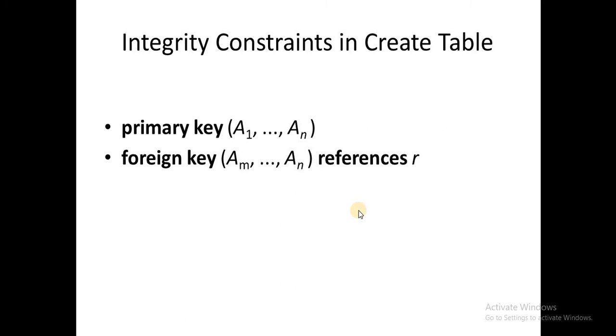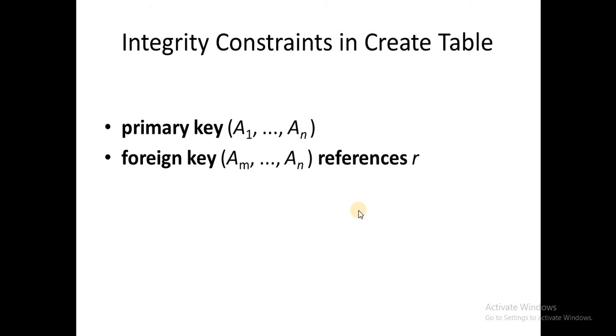Foreign key is also an attribute which refers to, or points to, the primary key of another table. So this is called a foreign key. The use of a foreign key is that it builds the relationship between two relations or two tables.